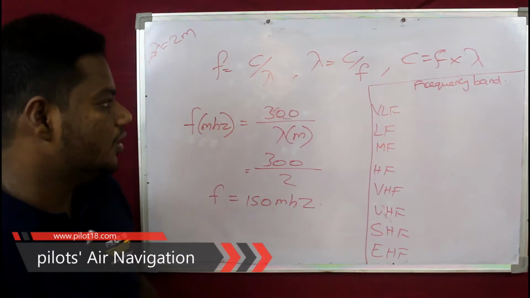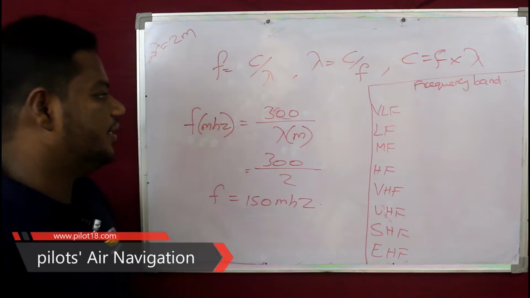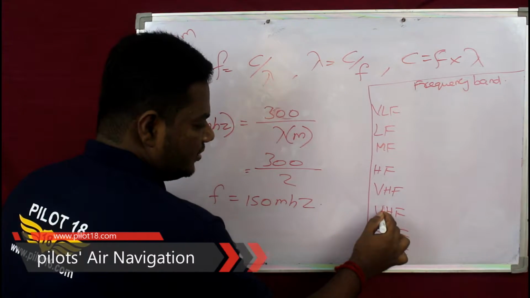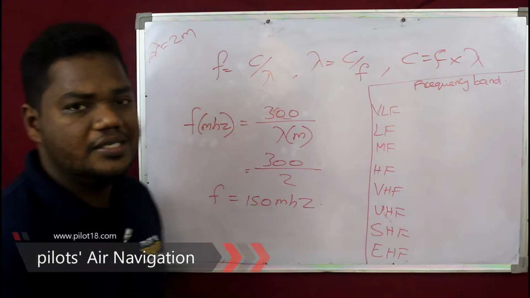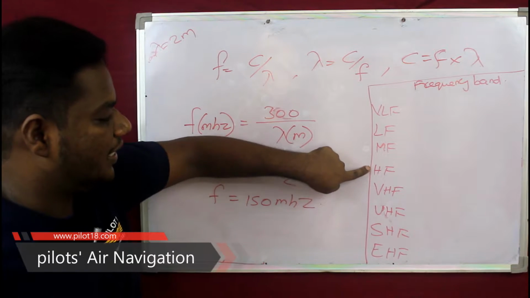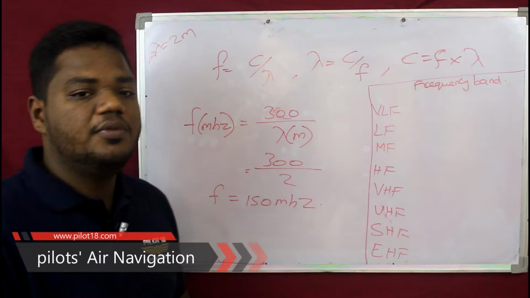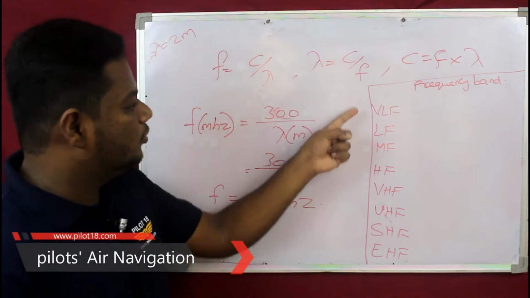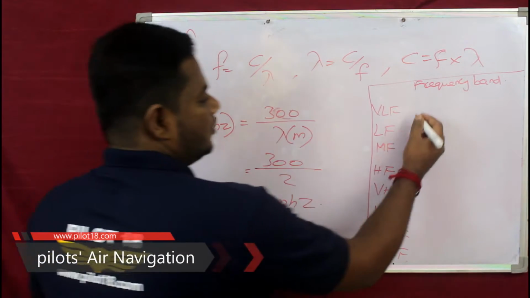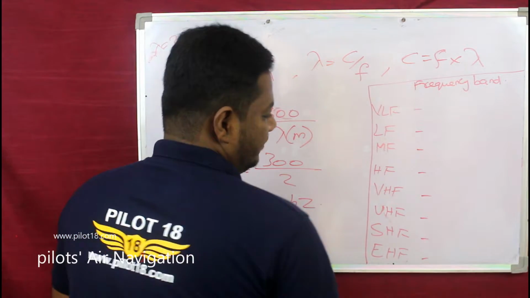How I remember this is: volume high, very useful. It's a mnemonic which you can use to easily remember the order. VLM: volume, H for high, V very, USE useful. Volume high, very useful.